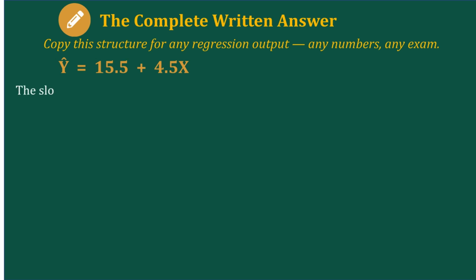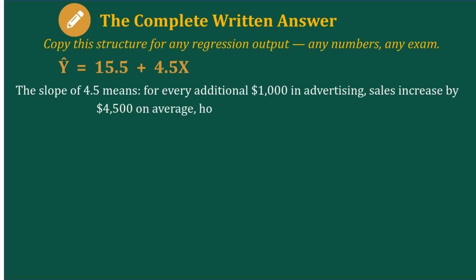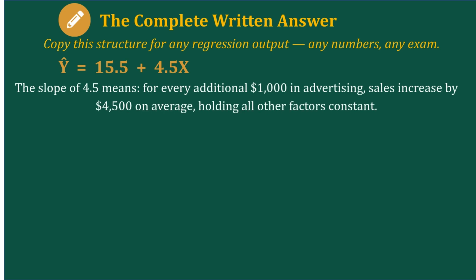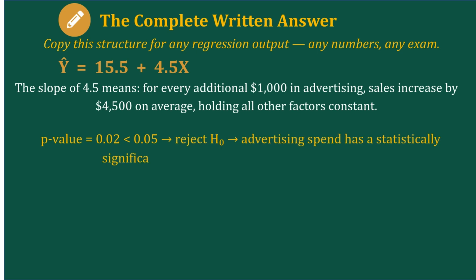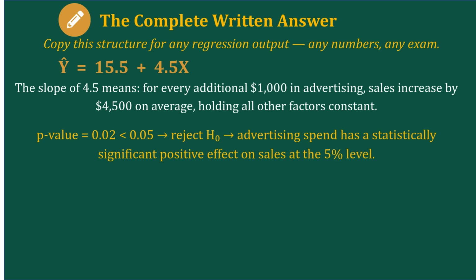Now let's put it all together. The full answer start to finish. Y hat equals 15.5 plus 4.5 times x. The slope of 4.5 means for every additional $1,000 in advertising, sales increase by $4,500 on average, holding all other factors constant. P equals 0.02, less than 0.05, reject the null. Advertising has a statistically significant positive effect on sales.